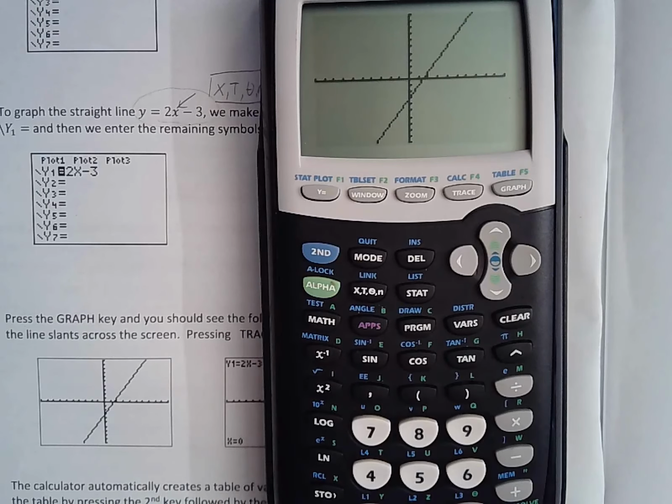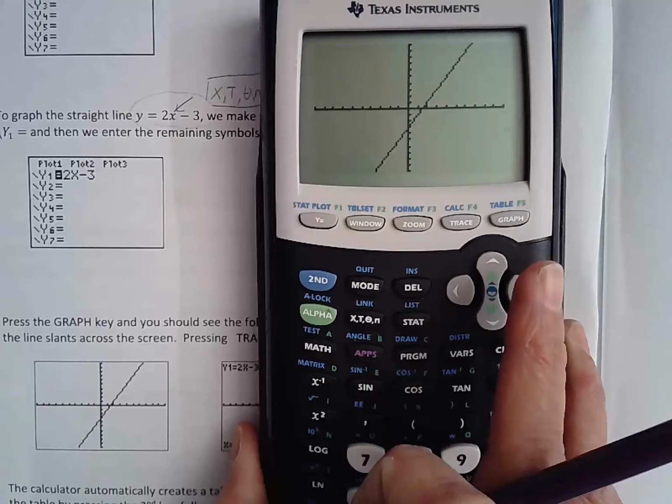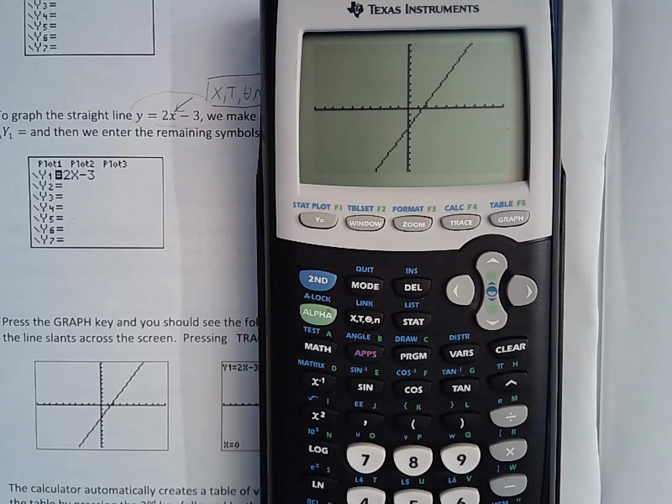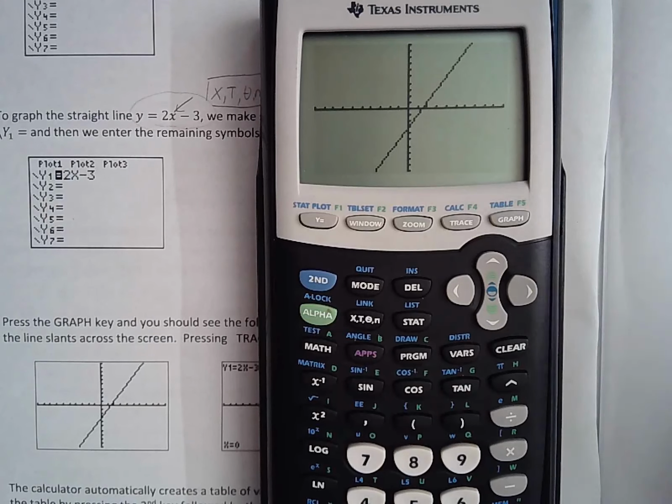What it does is it creates a linear graph. How did our calculator figure that out? It actually took a whole bunch of points and plotted those points to create that line. Does it come okay?